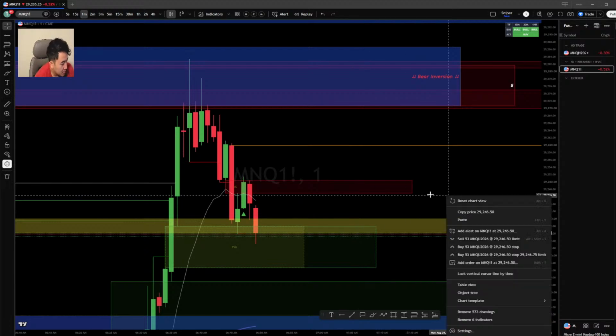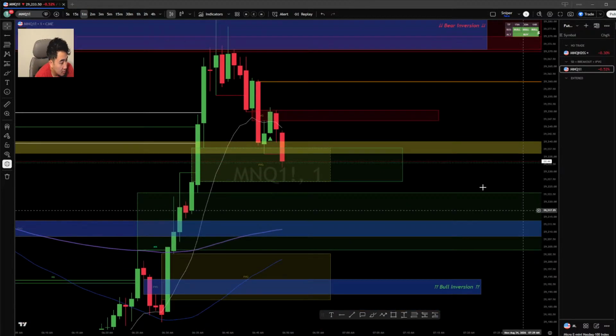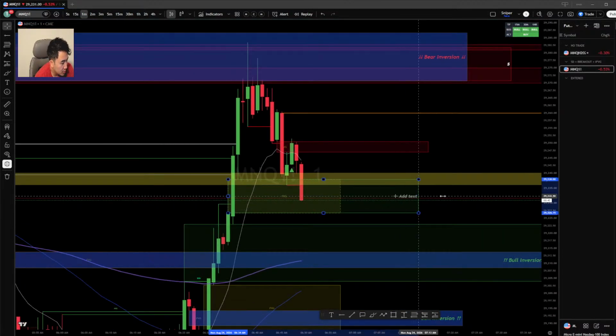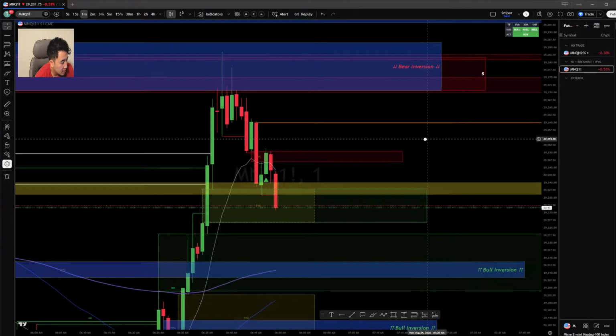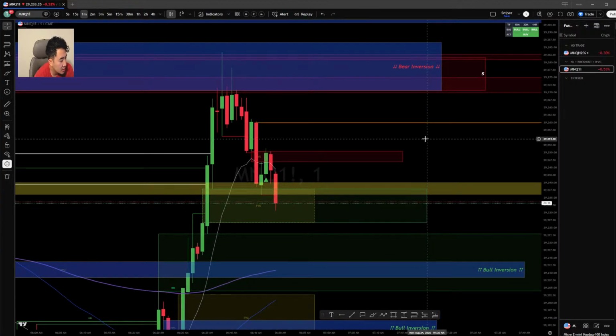This bearish gap is still being held. Overall, we're still bullish on this inverse strategy.